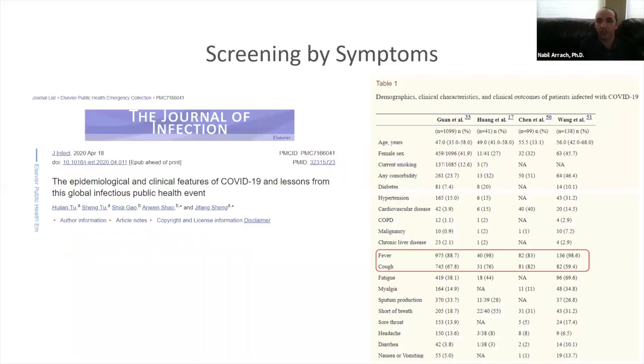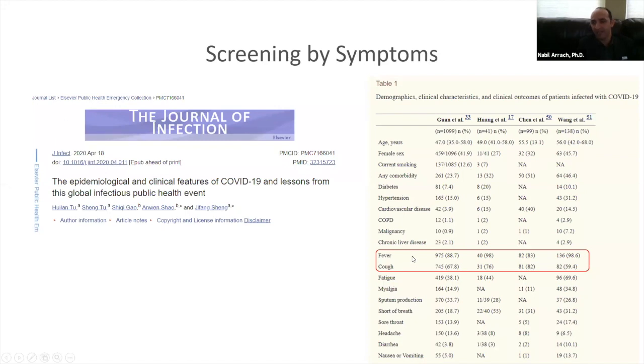And I will explain the differences going forward. So going to the screening of symptoms, if you look at this study, we have a large study where they're looking at what symptoms can be identified in patients. If you look at this table, more than 88% presented fever, high fever.